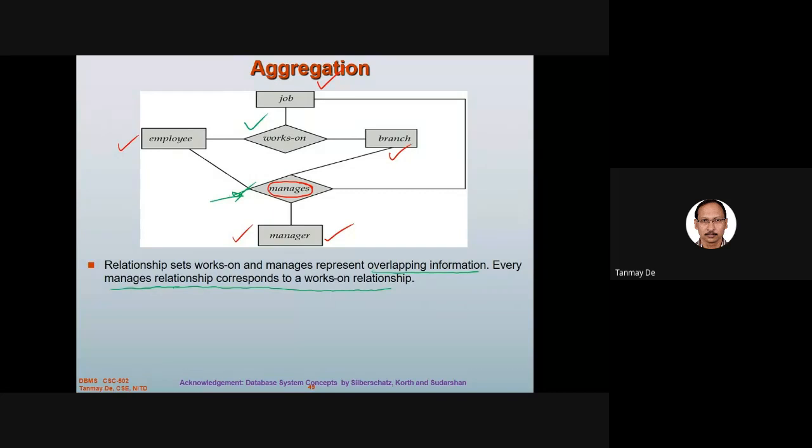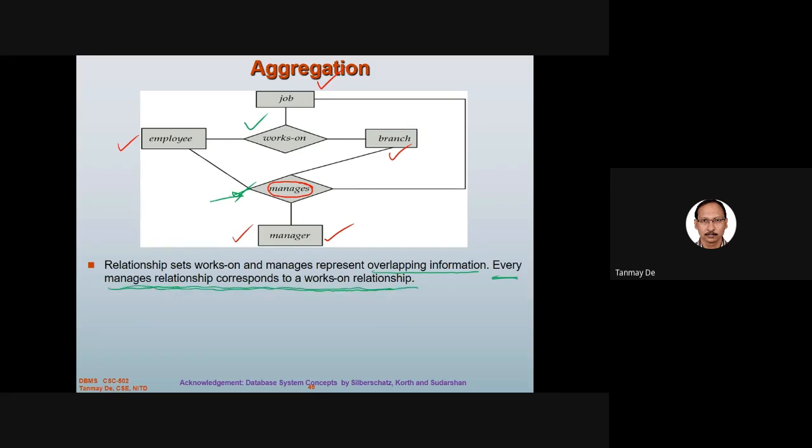In work on there is employee, branch and job information. In manages that same employee, branch and job as well as the manager is included. Except for the manager, the other three, employee, branch and job, are already in work on. So every manages relationship corresponds to a work on relationship.